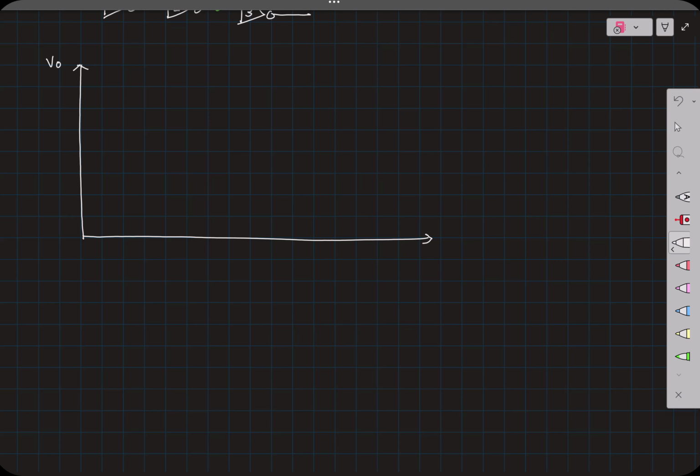So why don't you also try this from your end and tell me what you are able to see? So this need not necessarily be at ground. It could have been a value slightly higher also.